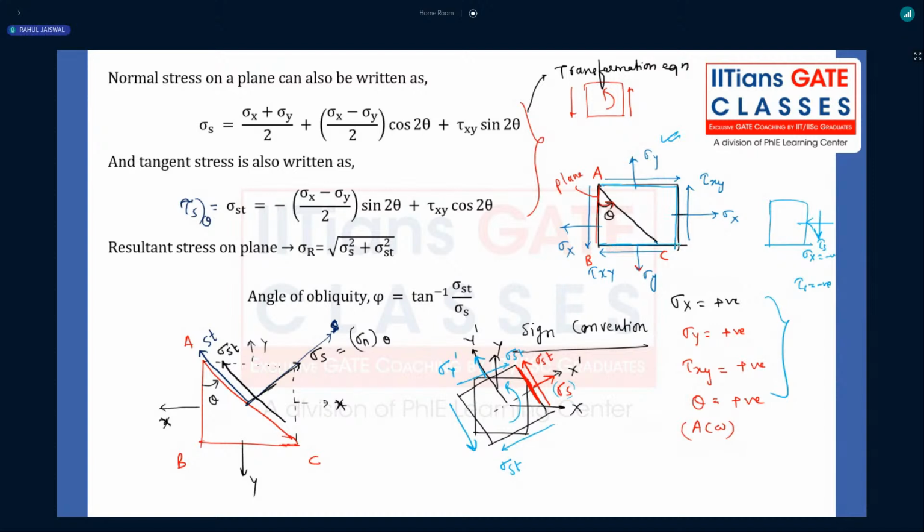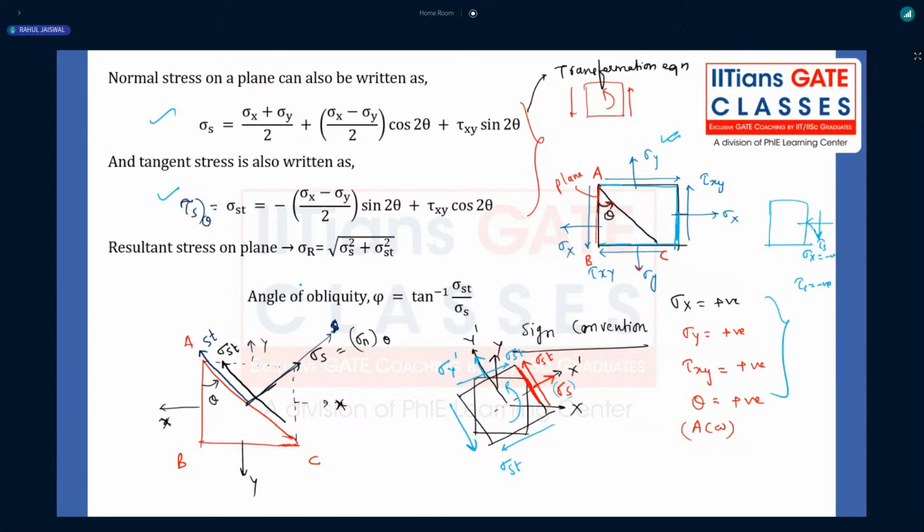Whatever stresses are acting, we take them while deriving these two equations. That's why we take them as positive values. Getting my point? If the directions are reversed, the signs will also be reversed when putting them into the formulas. I will tell you one example also. No need to worry about that. First we will solve the numerical, and based on that we will see how to proceed, right?